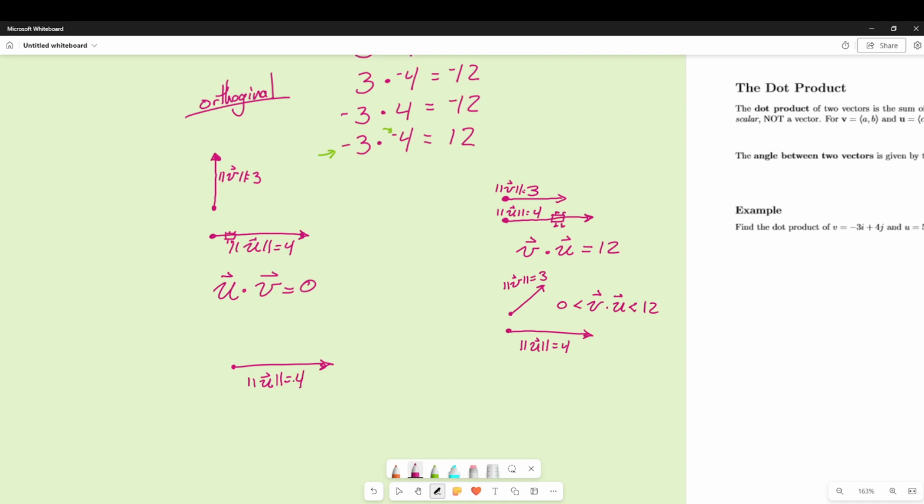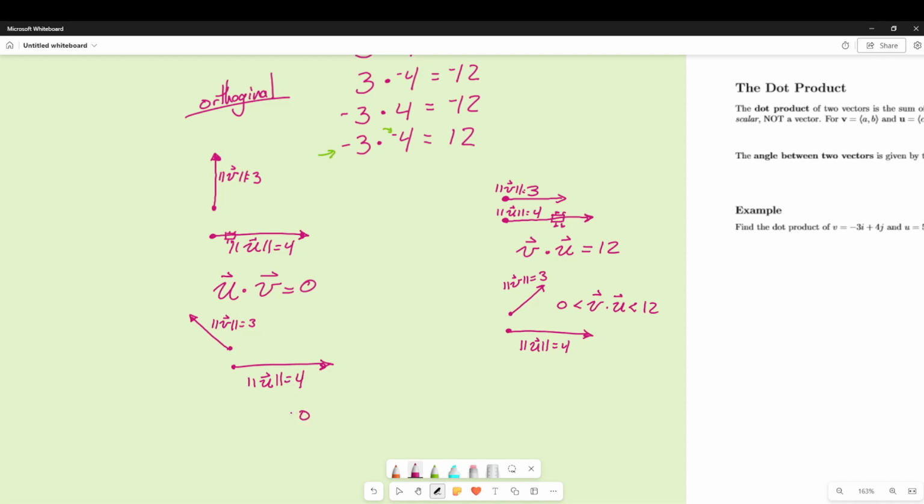So a magnitude 4 vector again, but now the other vector, still magnitude 3, is not headed in exactly the opposite direction, so it's not working against it as much as it could, but it's still pulling the other way.